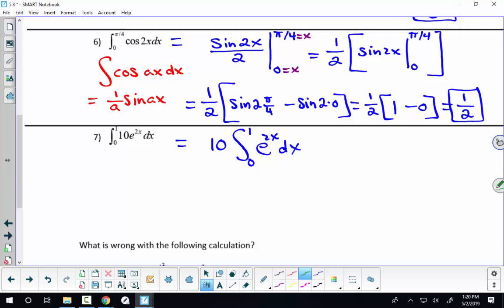So let me do this here. This is in the table as well for finding the antiderivative of e to the ax. We have e to the ax over a. So the antiderivative of e to the 2x is e to the 2x over 2.